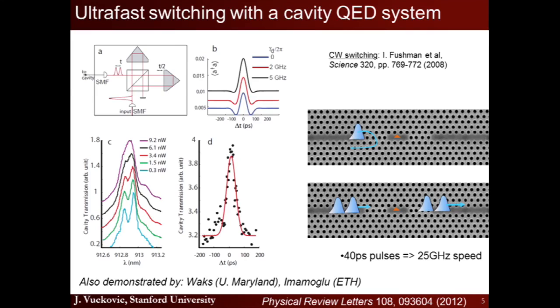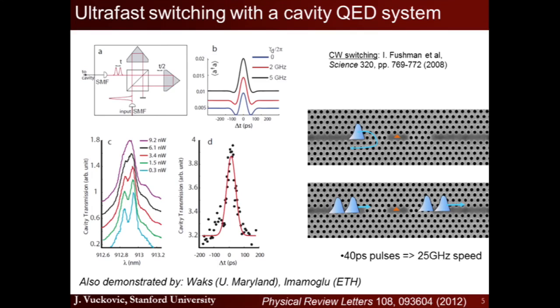And as expected from the cartoon and story that I just told you, when the delay becomes comparable to the pulse duration, then transmission rises, and again, if the delay becomes large, then pulses miss each other at the cavity. The situation corresponds to the top picture in the cartoon, and transmission goes down, right? So the theory also predicts that. That's shown on the top, and the setup is shown on the top left.